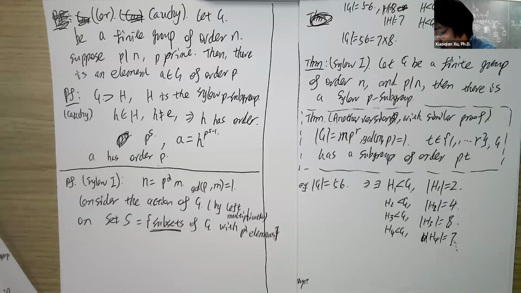Be careful here. This S is just a set of subsets. Of course, a subset will not necessarily be a group. It may be a group, but it may not be.